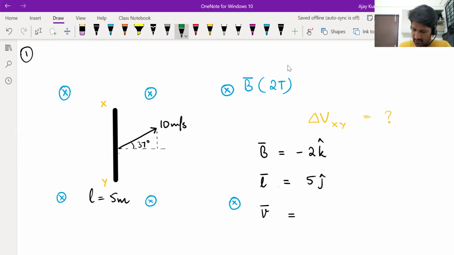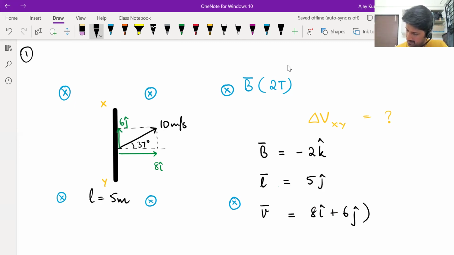The x component will be 10 cos 37, that is 8 i cap. The y component will be 10 sin 37, 6 j cap. So the velocity as a vector is 8 i cap plus 6 j cap.